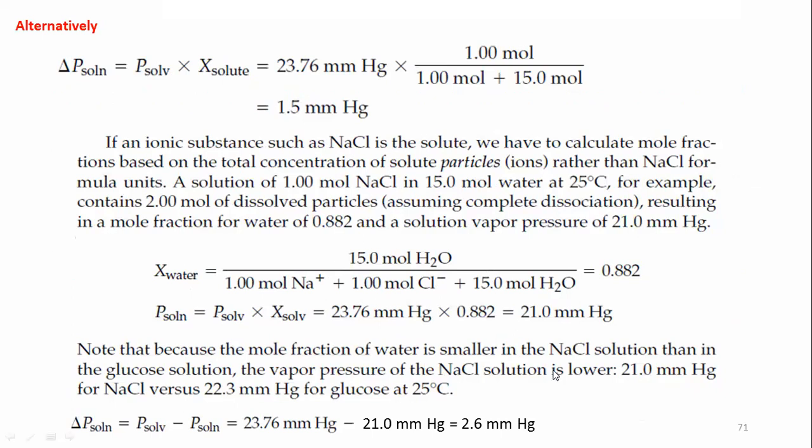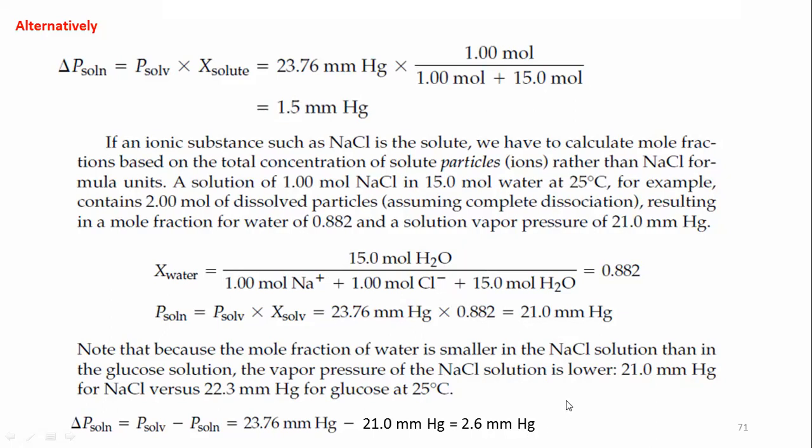If you want to get the value of the lowering of the vapor pressure by using the same formula, the lowering of vapor pressure is the vapor pressure of the pure solvent minus the vapor pressure of the solution. The pure solvent is 23.76 minus 21.0, as you have calculated over here. The lowering of vapor pressure is 2.6 mm of mercury.